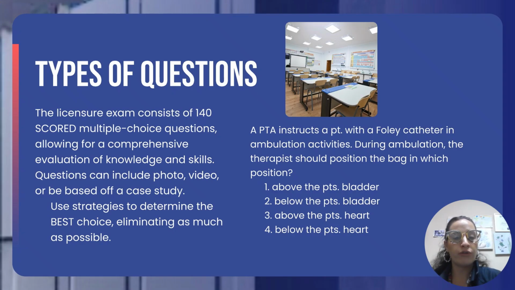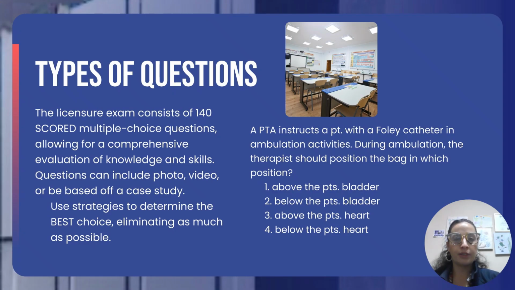So 140 scored, multiple choice, okay? Again, that means you have a choice. You have one correct answer. And they try to be very fair and specific so that you can discuss or rationalize why the correct answer is the correct answer. And there is only one, okay?